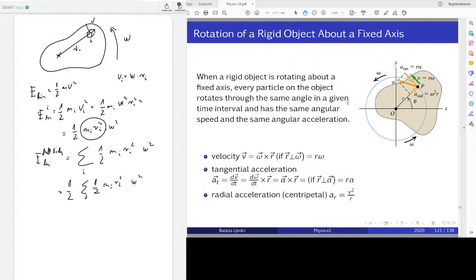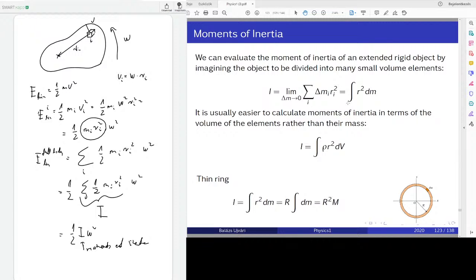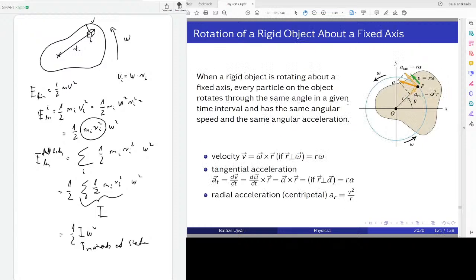And if we can calculate it, the kinetic energy of the full body is as simple as the kinetic energy for translation: 1 over 2 times the moment of inertia and the angular velocity squared.